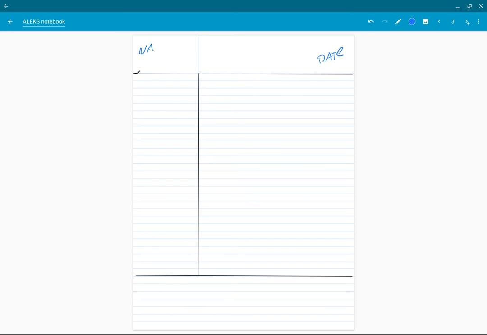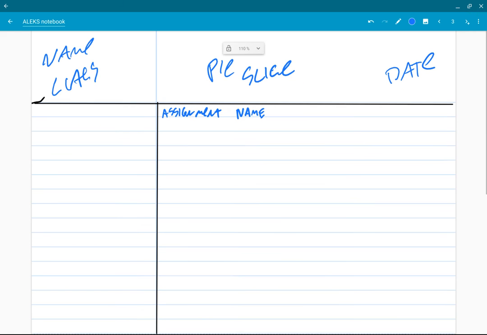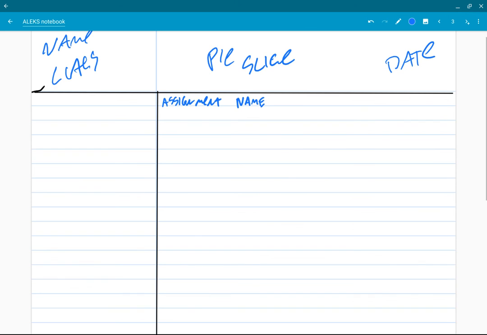Put your name and class over there. Pie slice right there in the middle of the page. And then right here at the top, you're going to put the assignment name.